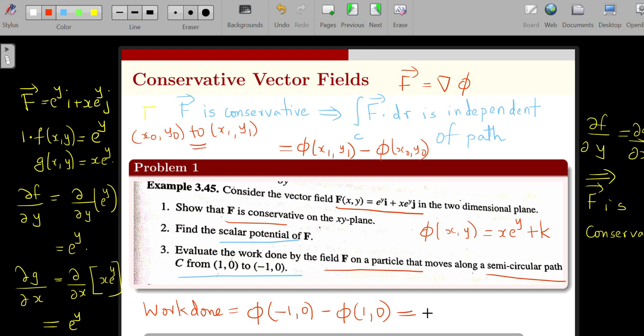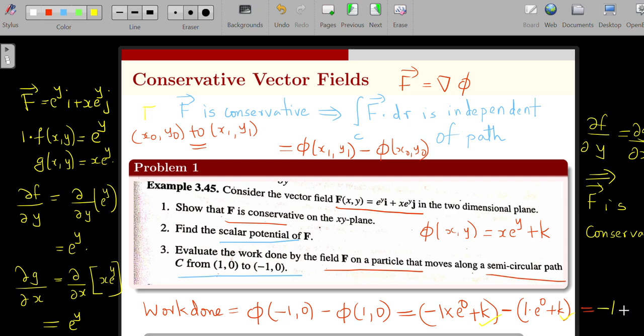So φ(-1, 0) minus φ(1, 0) is equal to (-1) times e^0 plus k, minus φ(1, 0), which is 1 times e^0 plus k. So this is equal to -1 times e^0, that is -1, plus k, minus 1, minus k. The k gets cancelled.